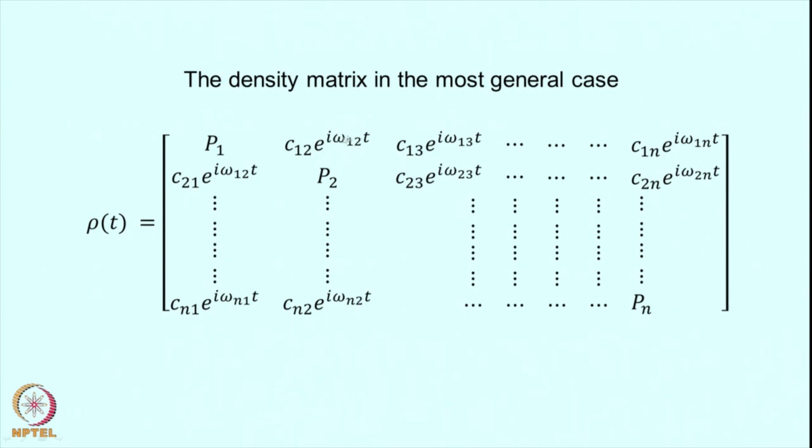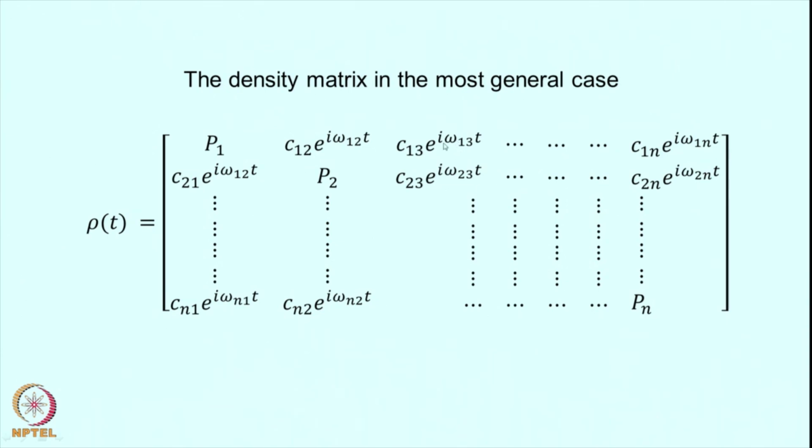So, this is an oscillating function, this is the degree of phase coherence, and that is oscillating with the frequency omega 12. And this will be the phase coherence between the spins in the states 1 and 3, and this is the extent of phase coherence, the magnitude, the amplitude, and this is the phase.